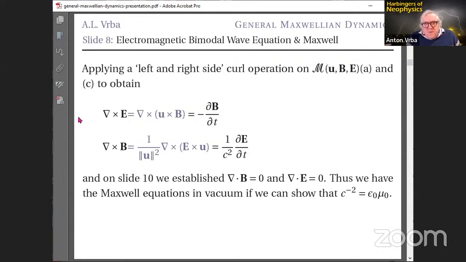And if we express it this way from where we started, we now have the Maxwell equations as we know them, and we already showed earlier that the gradient of B and the gradient of E are equal to 0. In the last presentation, I derived the terms epsilon 0, mu 0.